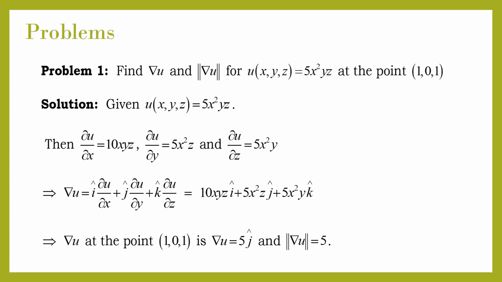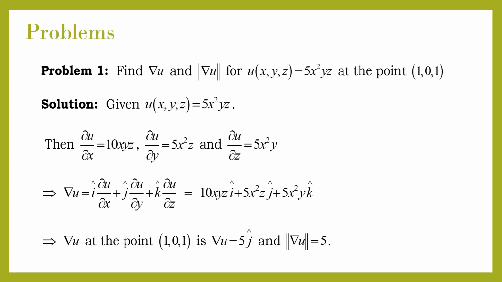So let us find out them one by one. Consider the given scalar field u of x comma y comma z equals 5x square yz. If we want to find out its gradient del u, what do we have to find first?